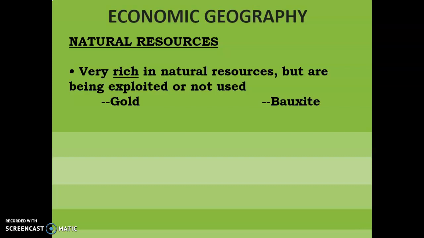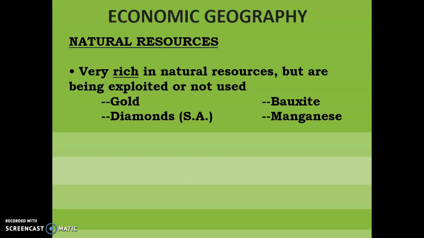So some of those really rich natural resources, you will see when you start to do research about your particular country, might be some of the more common resources. Gold, bauxite. Bauxite is used to make aluminum. Diamonds, I'll show a map a little bit later, but South Africa has a big area of diamonds.